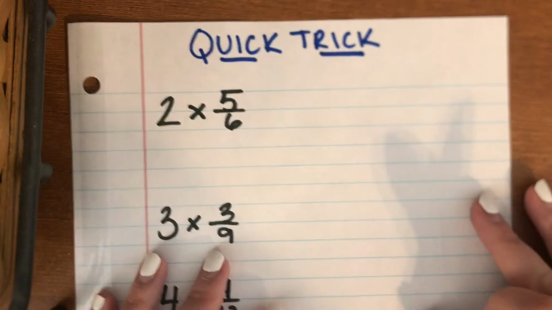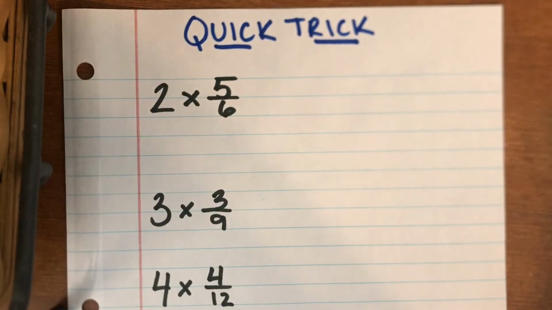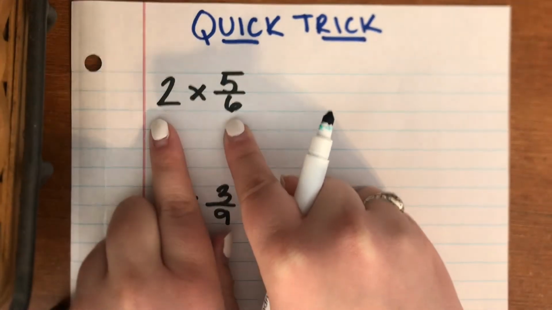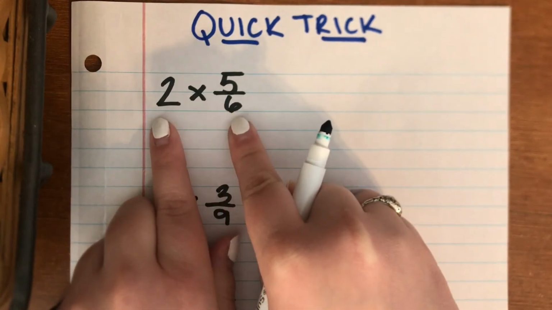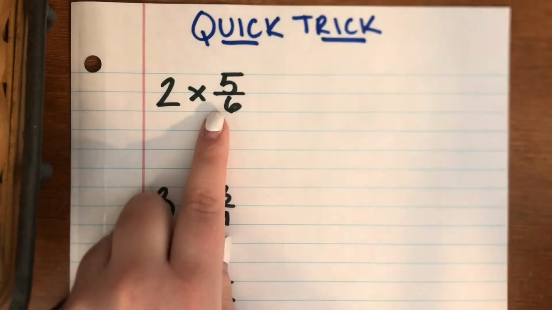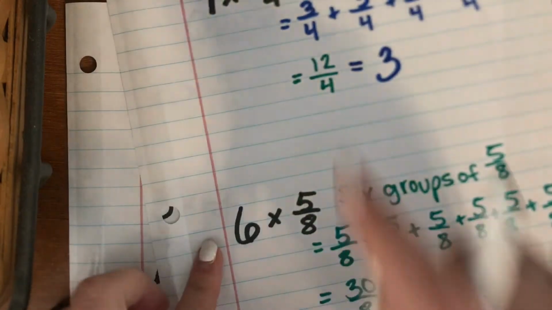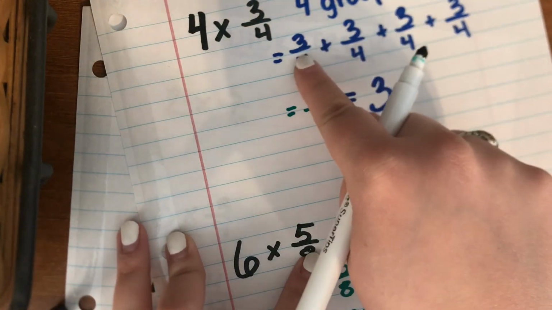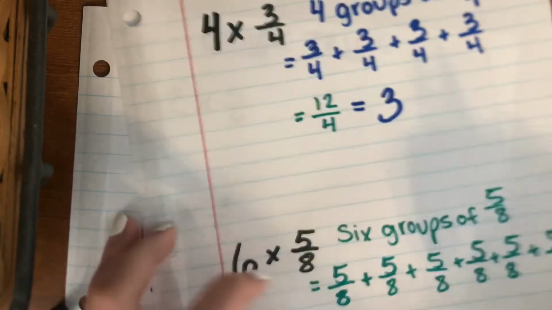Okay, now I'm going to teach you a fun, quick trick that's going to get you there even faster than writing out the addition problem I was doing. If 2 times 5/6 is equal to 2 groups of 5/6, notice that when we were adding, the denominators never changed, correct? We only looked at the numerators.